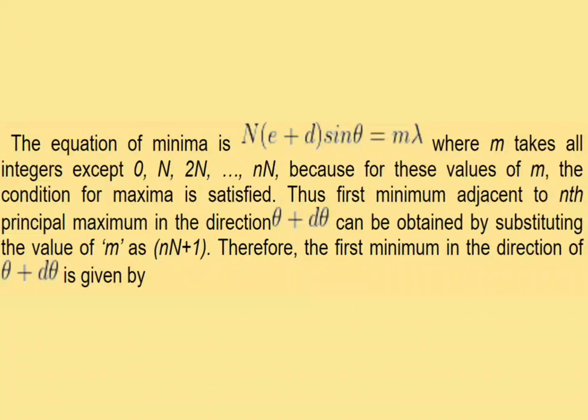Thus, the first minima exists in this case at an angle theta plus d theta. For this, we have to substitute the value of m as small n into capital N plus 1. The condition is the same, but the minimum is obtained at wavelength lambda while the angle is varied to theta plus d theta.